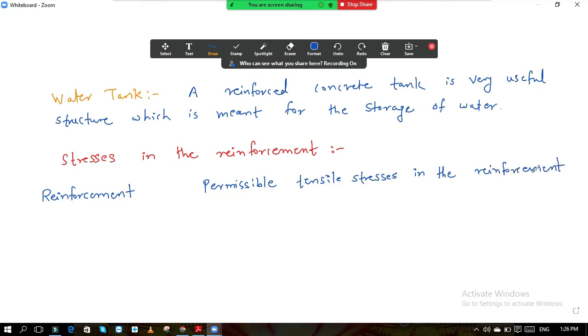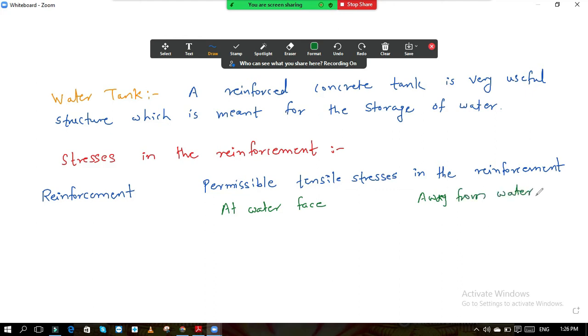Okay. Again, this is divided into two columns. First is at water face, the face of the water, and second thing is away from water face.